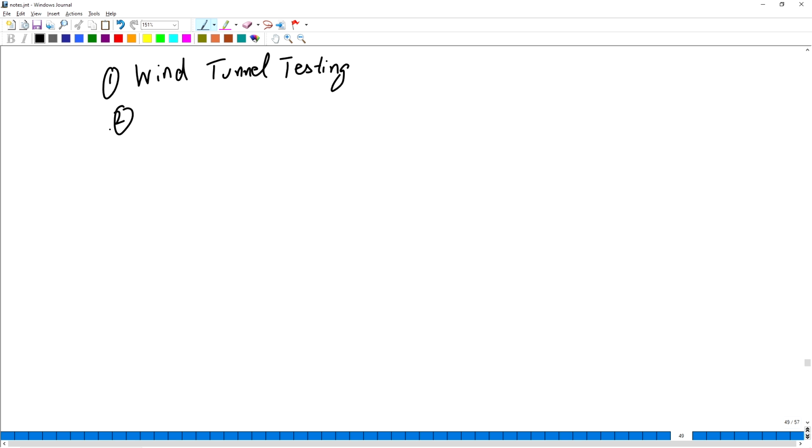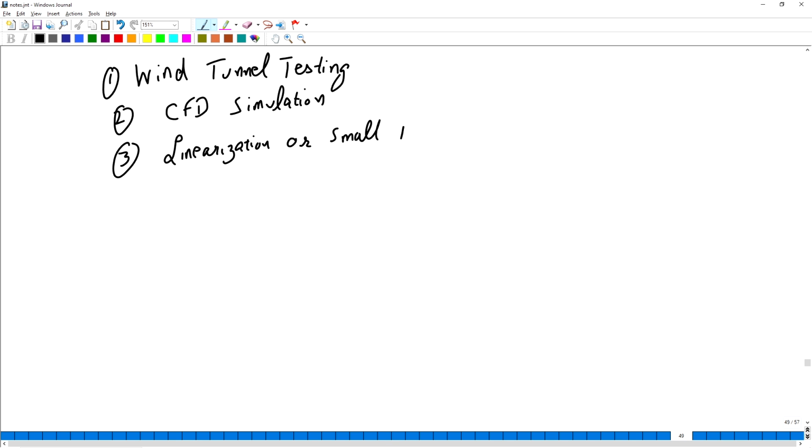The second way you can find them is through CFD simulation. The third method is the linearization technique, or small perturbation theory, which we have already covered in the first part of this course.